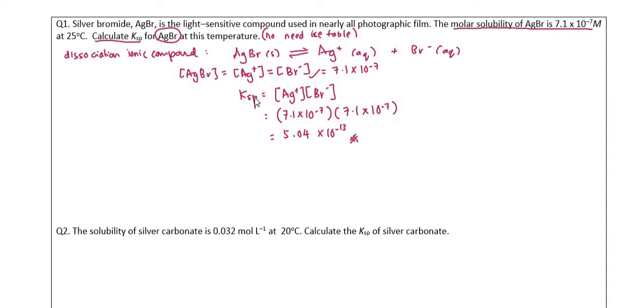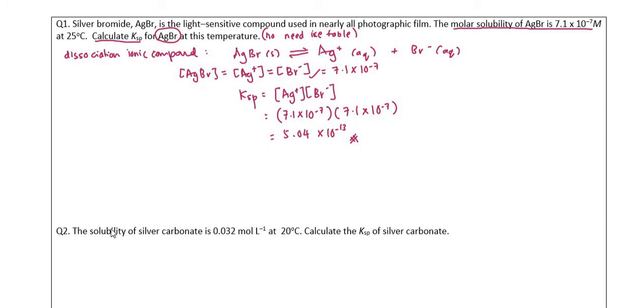This is the Ksp value for AgBr. Don't worry, the value is very, very small, like negative 13, negative 20, negative 35. It's okay because this is the Ksp for a slightly soluble ionic compound, that's why the value is very small.